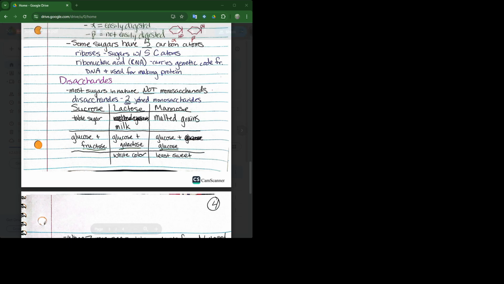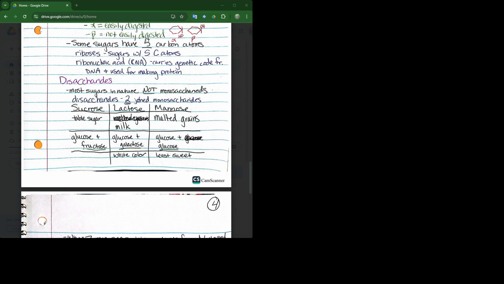So for sucrose, it told me that it is table sugar. The most common source of sucrose is table sugar. Now, there are other sources, right? But table sugar is a big example. And it tells me that it is composed of glucose and fructose. Then for lactose, it tells me the main source is milk, and it's composed of glucose and galactose.